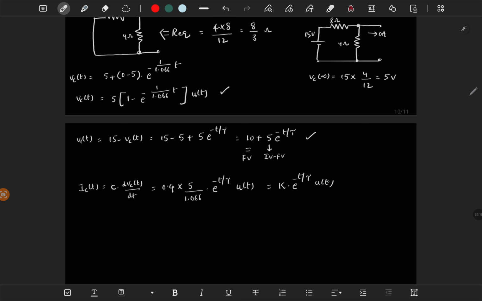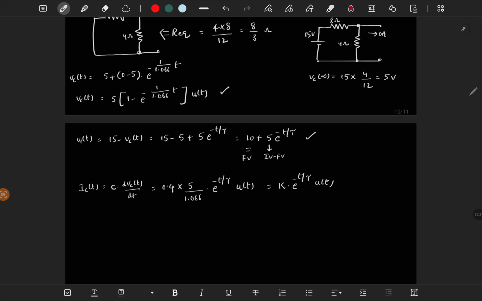For t tending to infinity, it goes to 0, which means there is no current flow through that capacitor. For t equal to 0, it is this k. K is 0.4 times 5 by 1.066.